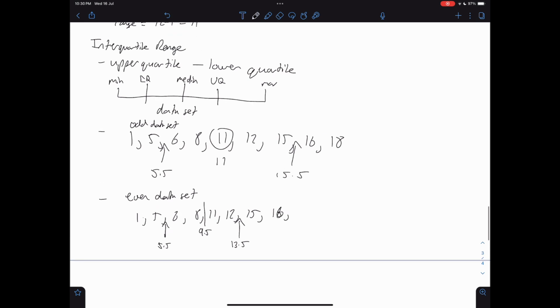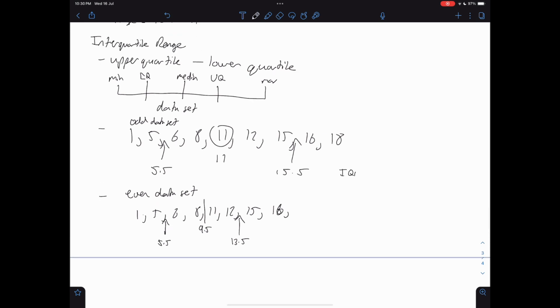So here in the first data set, our IQR will be 15.5 minus 5.5, which is equal to 10, and here it would be 13.5 minus 5.5, which is equal to 8.